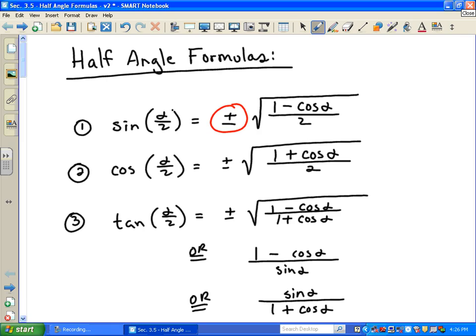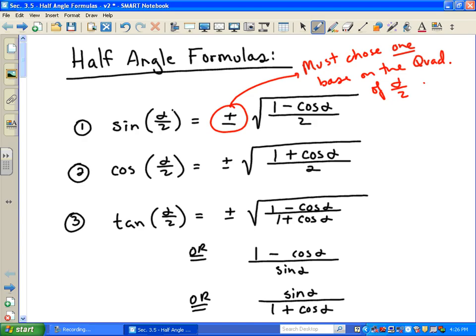It means that you must choose one of these based on the quadrant of the half angle and the sign of the trig function in that quadrant.